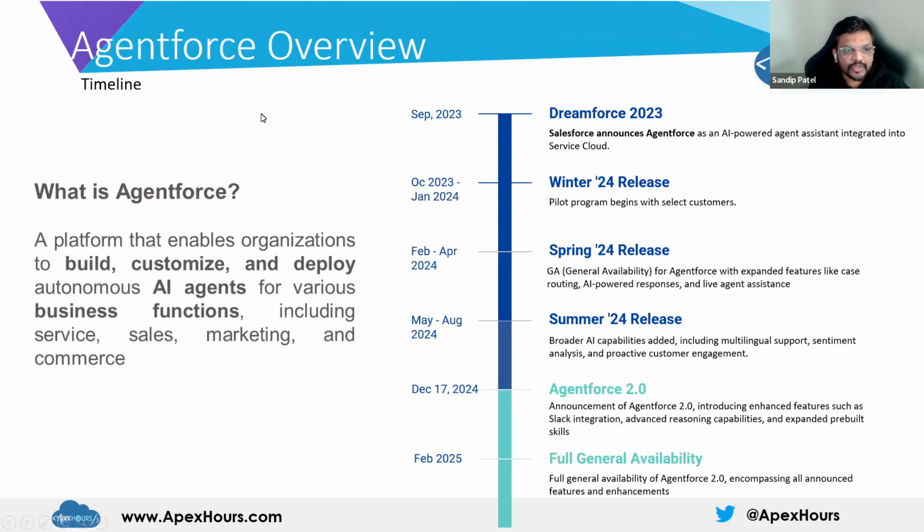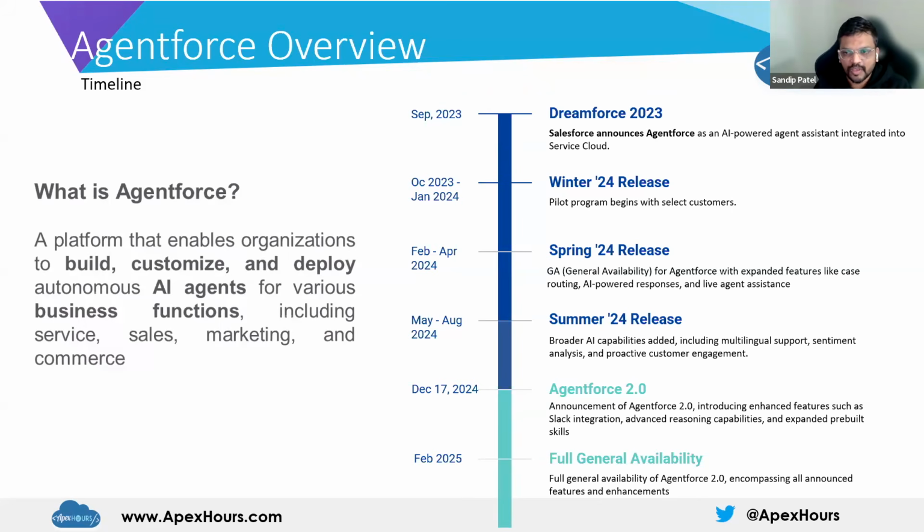Discussing Agentforce, it is a buzzword right now in Salesforce, even in today's TDX event. Agentforce is the focus from Salesforce's end. If you consider the definition or general explanation of Agentforce, we can say it is a platform that allows you to build, customize, and deploy autonomous agents, which are not simple agents but AI agents, for various business functions.